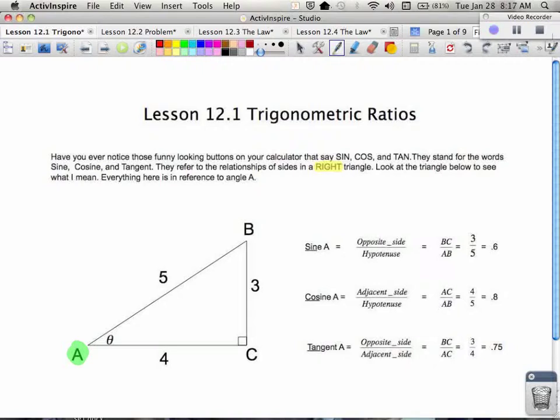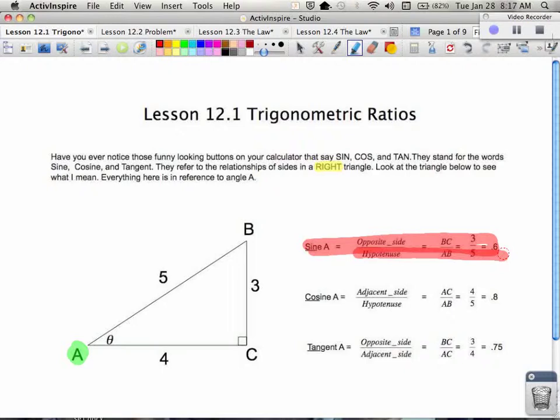And so the answer to what is the sine of angle A is 3/5, and we see that here highlighted in red. And you can write it as 3/5, or you can write it as a decimal if you prefer.